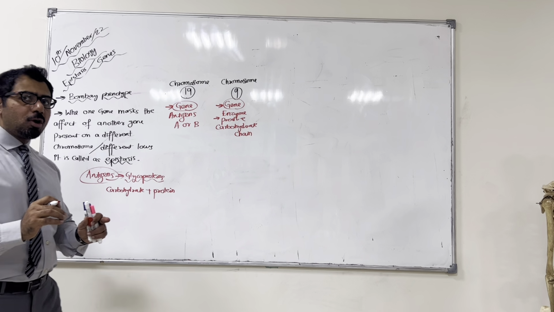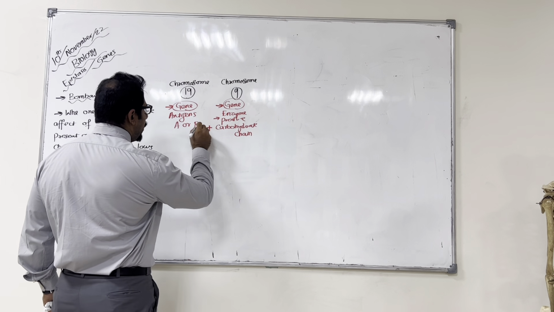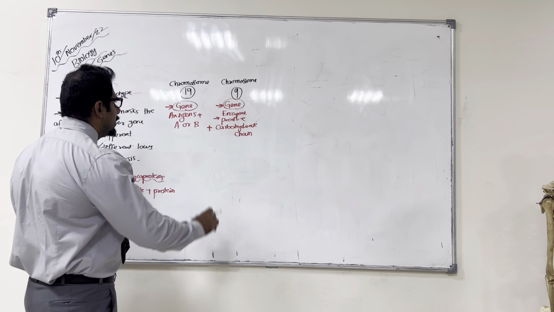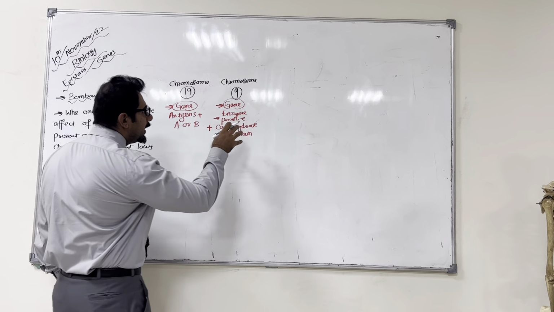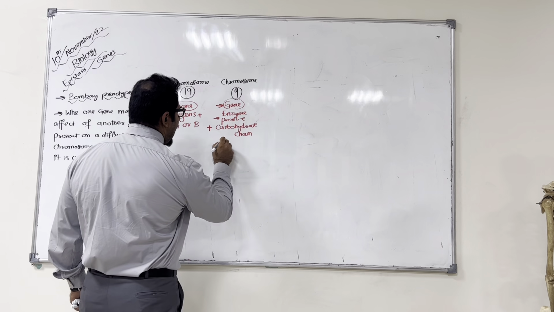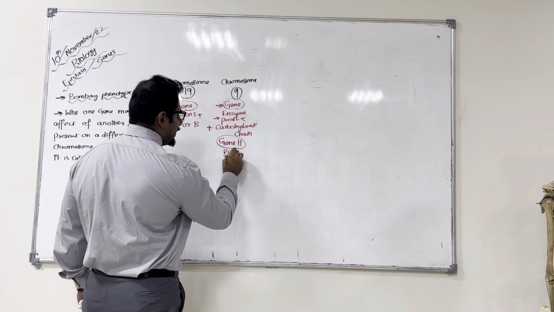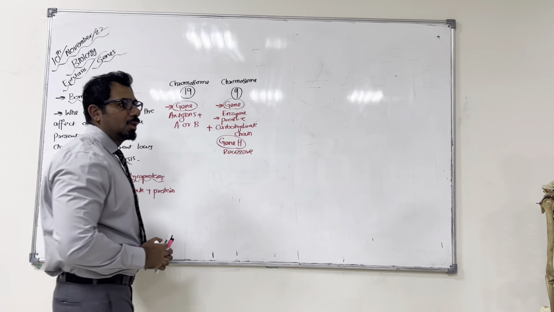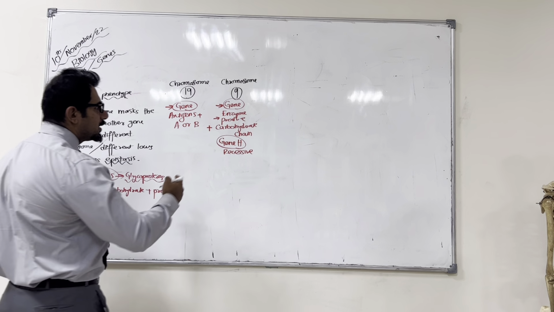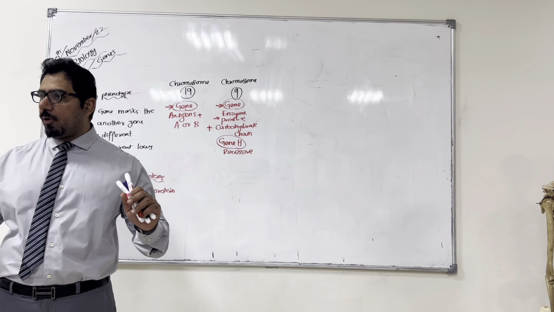Now the antigens A and B are made by joining this carbohydrate with this protein. Now, if this gene, which is present on chromosome number 9 and is also called gene H, is recessive, then this carbohydrate chain will not be formed.